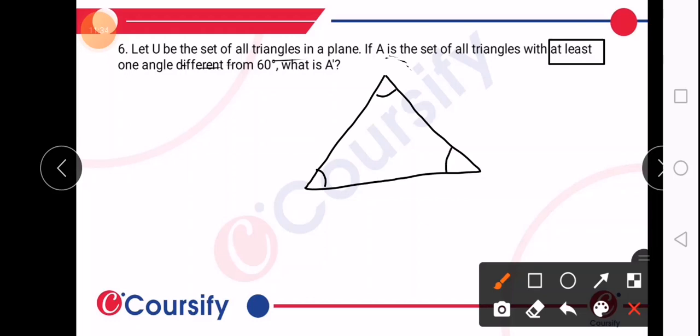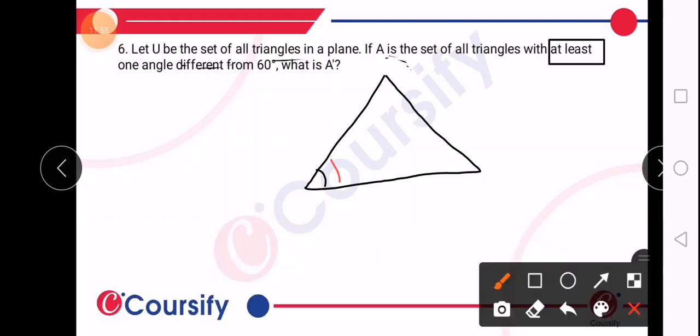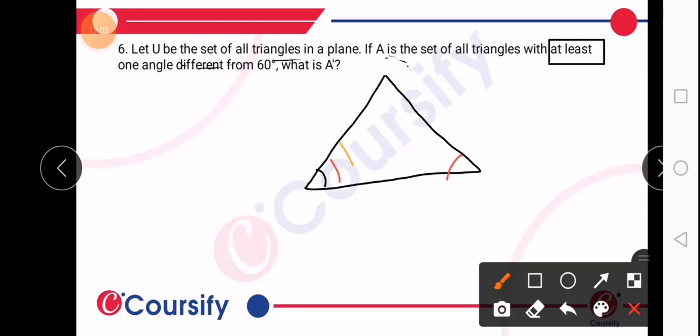Now, the condition is at least one angle should be different from 60 degrees, which means one angle should not be 60 degrees, but it has said at least one angle, which means it should be either one angle not 60, or two angles not 60, or three angles not 60.